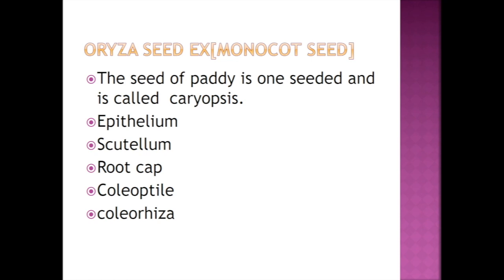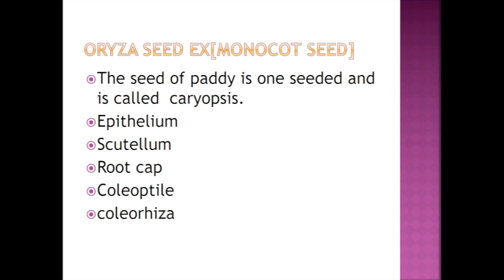Then the plumule is surrounded by a protective sheath that is called coleoptile, and the radicle including root cap also covered by protective sheath is called coleorhiza.